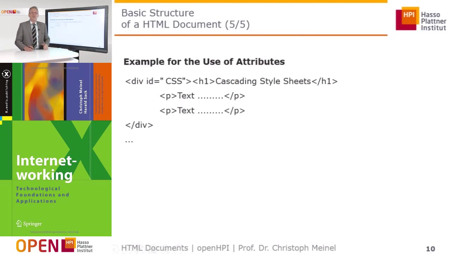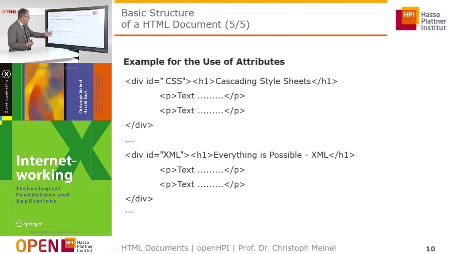There can be, of course, more parts in it, but I want to keep it very simple. And here is another chapter, a chapter with the ID XML. You see in the markup, there is an ID identification added. We have a new headline. Everything is possible with XML. You see that's the next chapter in our book about the World Wide Web.